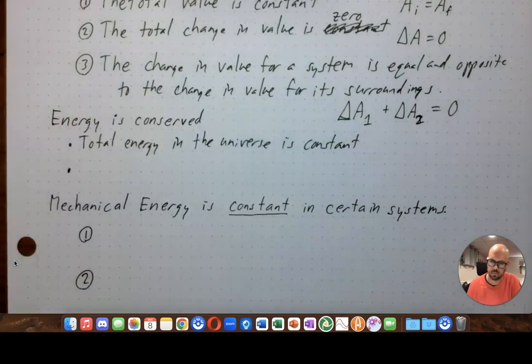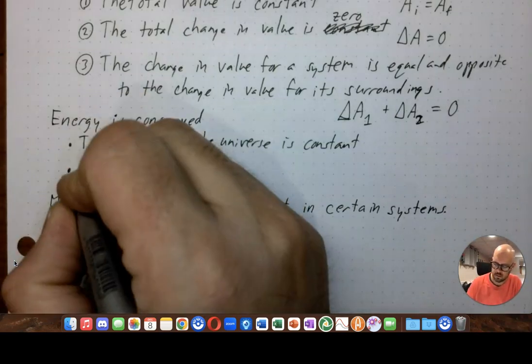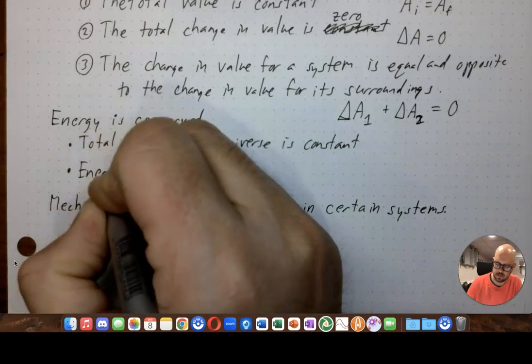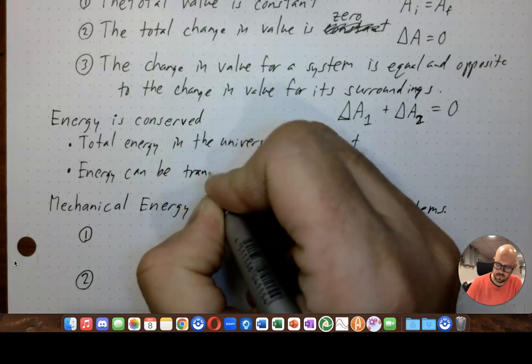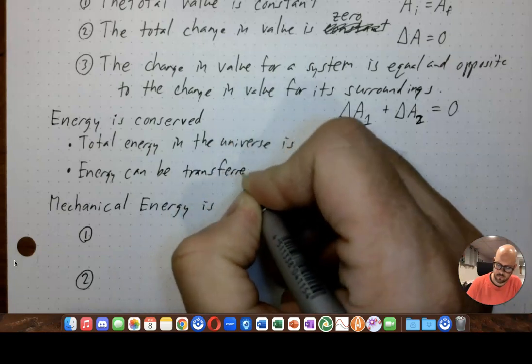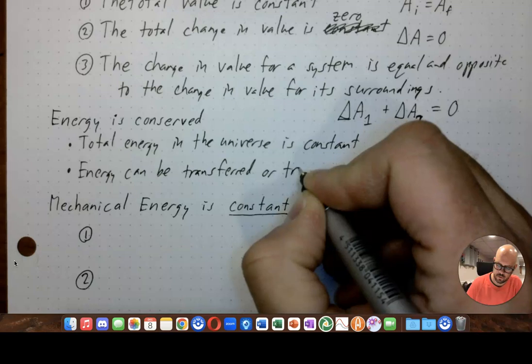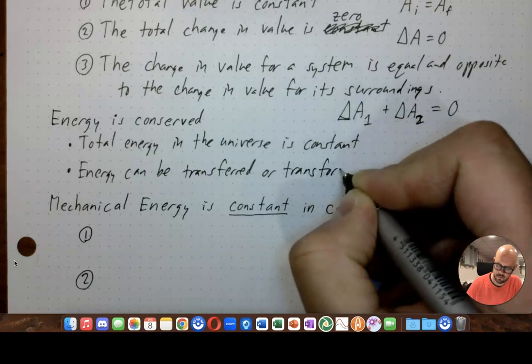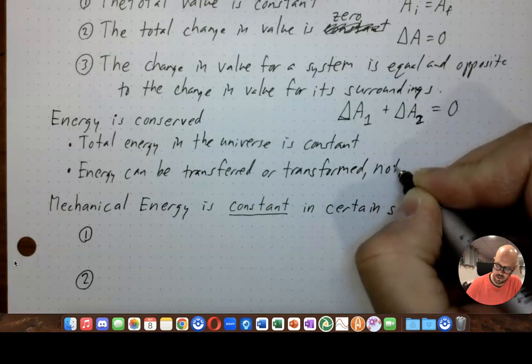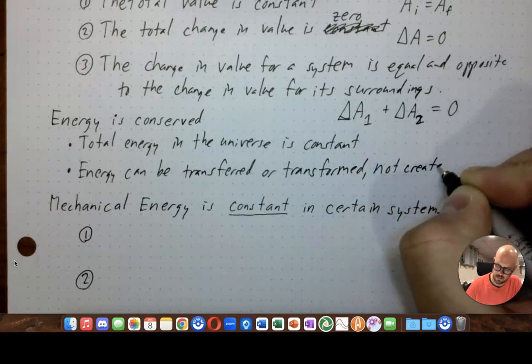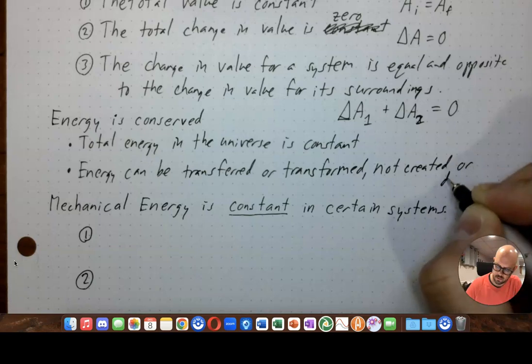And so what that means is that energy can be transferred or transformed, but not created or destroyed.